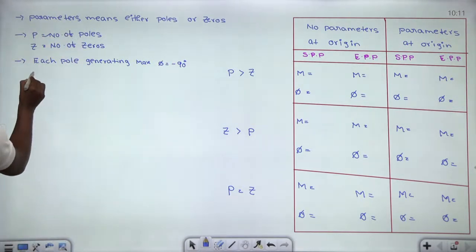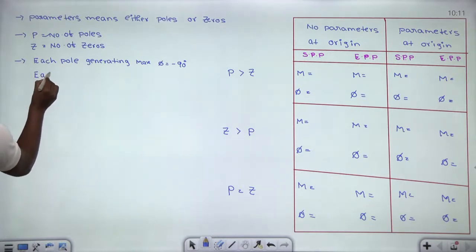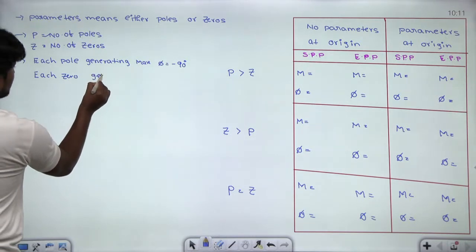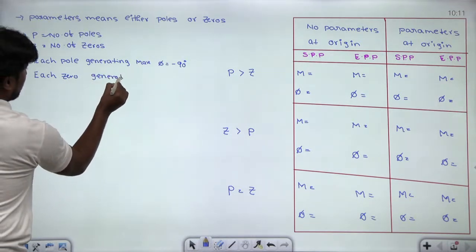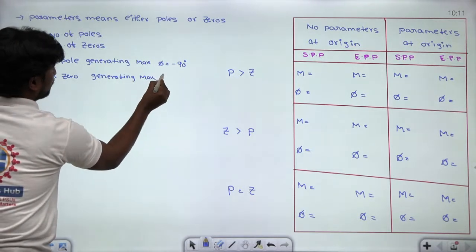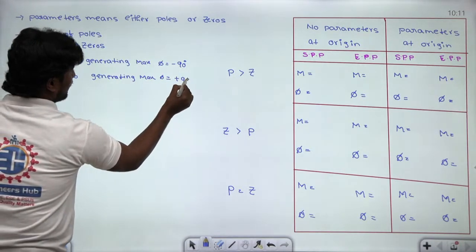Like that, each zero generating maximum phase is plus 90. Are you clear?